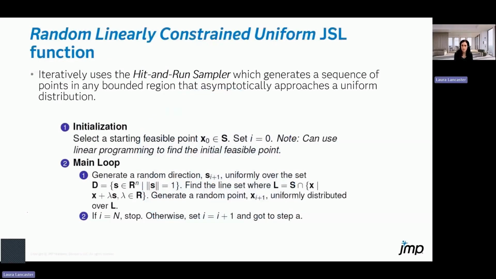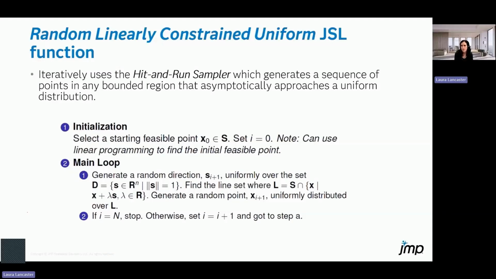So this JSL function, formerly known as polytope uniform random, uses Robert L. Smith's hit and run sampler algorithm to generate a sequence of points in a linearly constrained and bounded region. This algorithm has the nice property that the random sequence asymptotically approaches a uniform distribution over the constrained region.